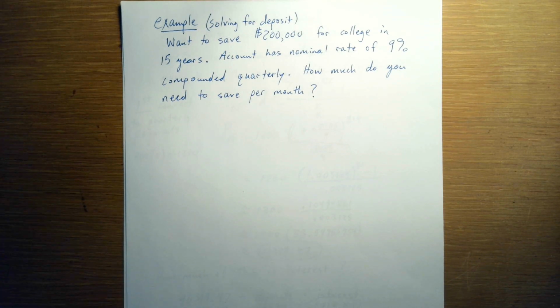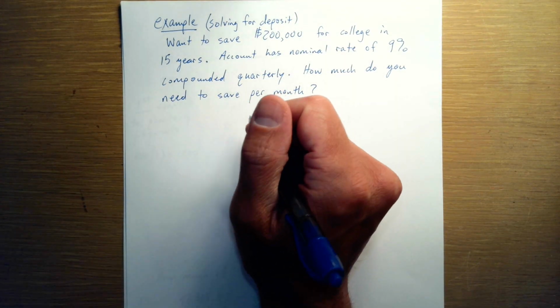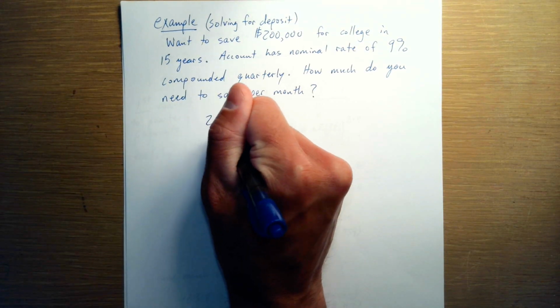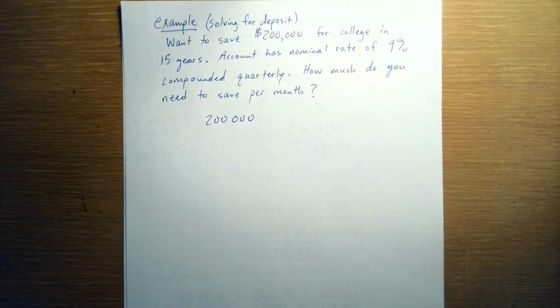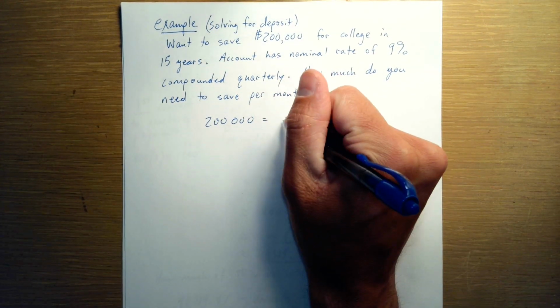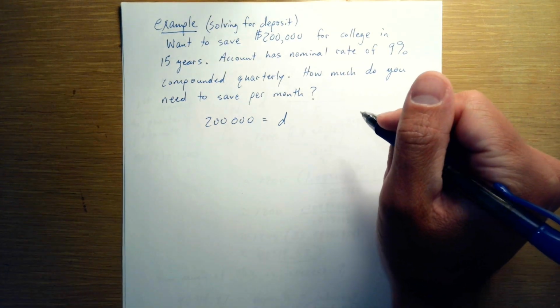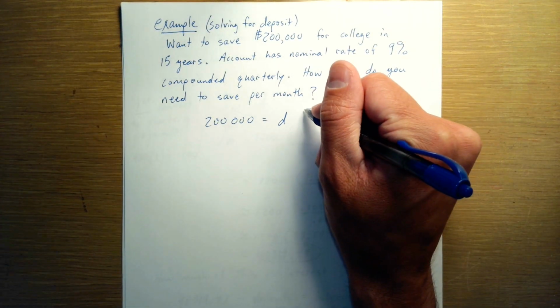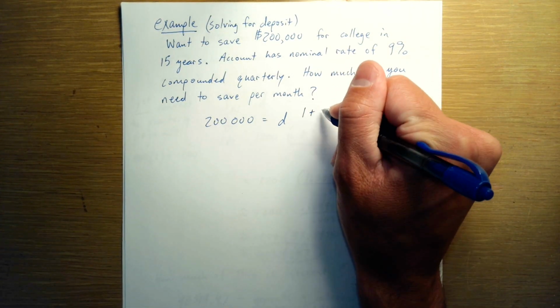So in this case we use the same formula, but it looks a little bit different. Since we're solving for deposit, that means we're solving for D. So our P sub n is now 200,000. That's the amount that we want at the end. And so if we set all this up, it's going to look pretty similar to our last problem, just a different letter to solve for.